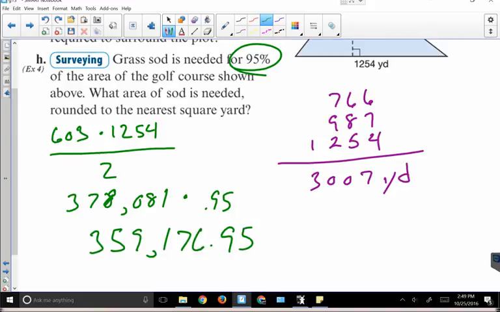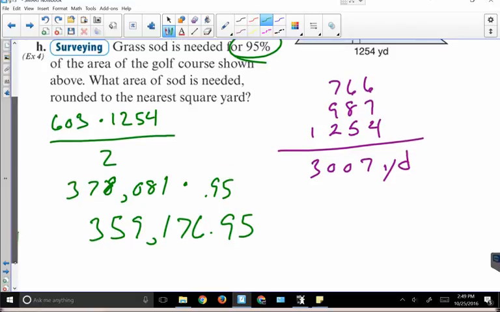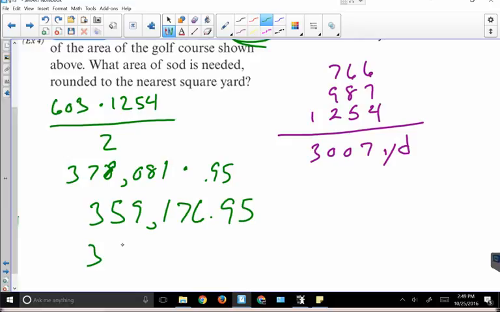Okay. Do I still have the answer I'm looking for? Okay. Because the last thing is I got to round it to the nearest yard, so that's 359,177, and this would be yards squared. So make sure that you take the time to go through and read it, and make sure you get all the bits and pieces. So there you go, and you can start work on the assignment.